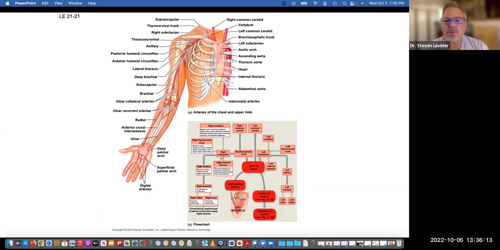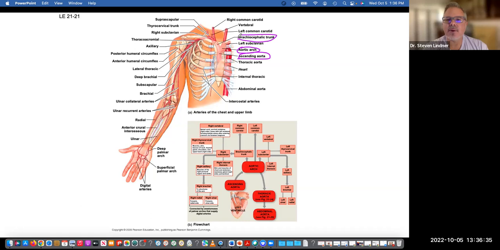So on the lower right is that flow chart that you can rewrite. On the top, we're showing the ascending aorta. Then we have the aortic arch. Then we have the brachiocephalic trunk, right?